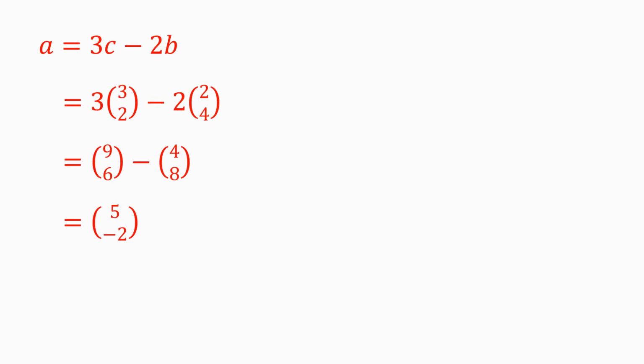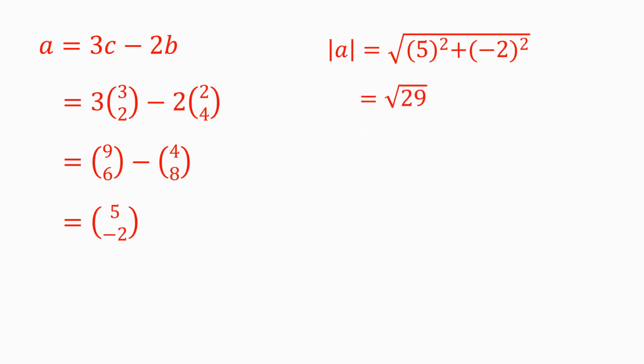So to find the magnitude of A, which is similar to computing a hypotenuse, will be the square root of 5 squared plus negative 2 squared, and that is equal to the root of 29, which is equal to 5.3852. And we've been asked to give our answer to 2 decimal places. So it's approximately 5.39 to 2 decimal places.